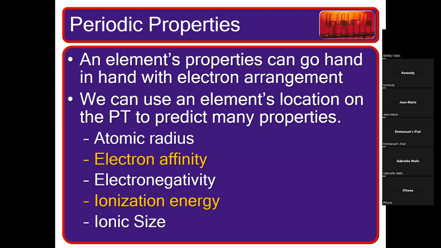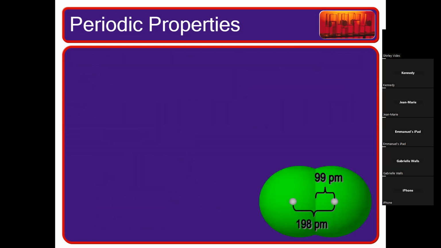You're wondering, how do they measure the radius of an atom? Because an atom is so diffuse, like a cloud. Remember we talked about that? So how do they measure it? Well, this is how.